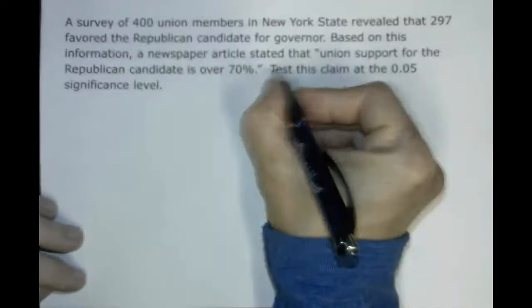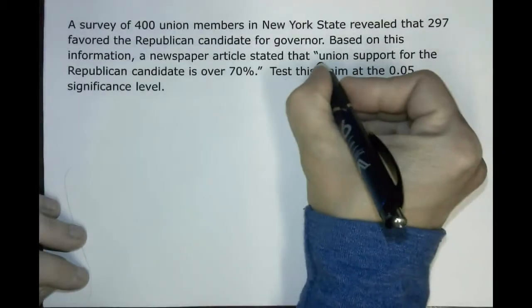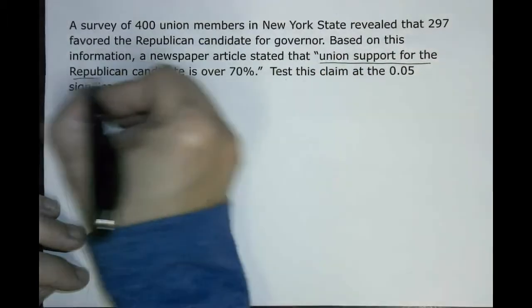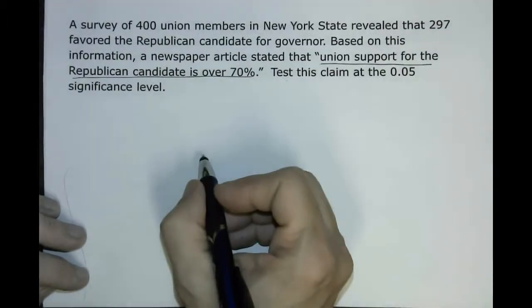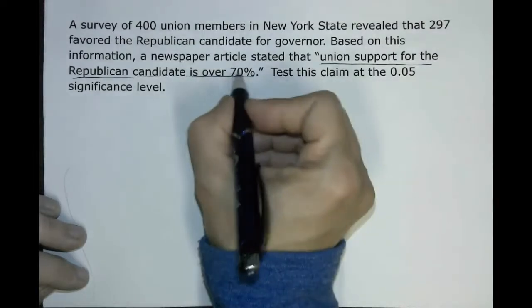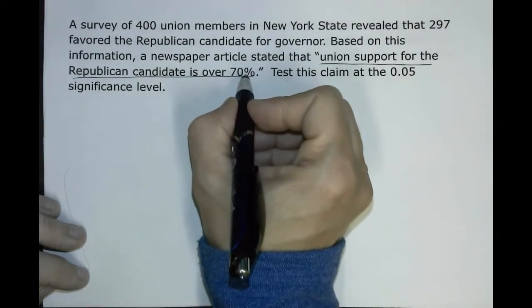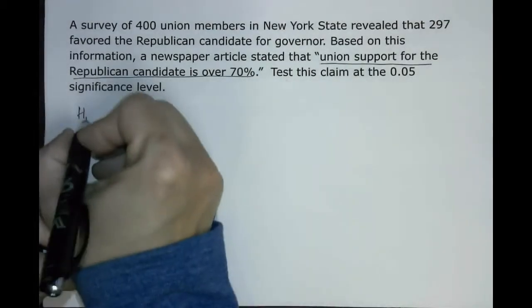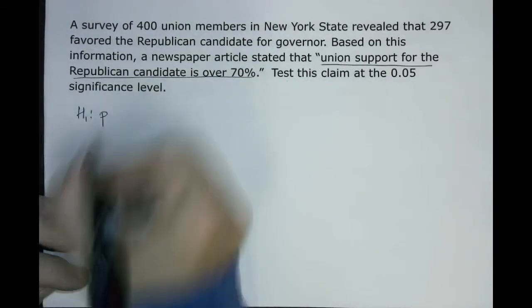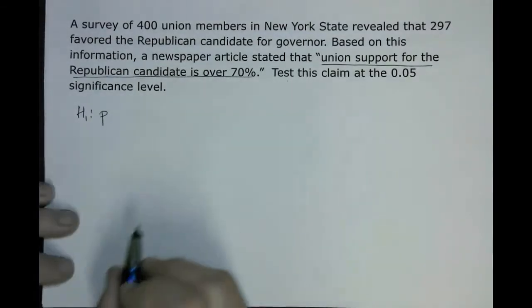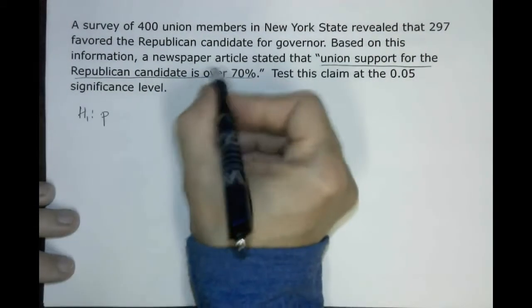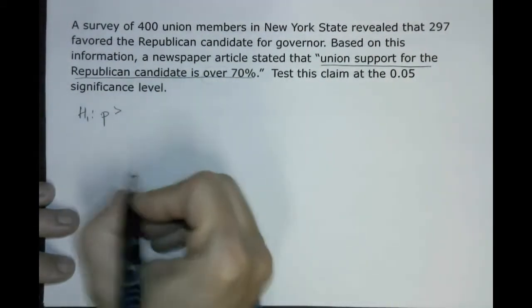So first of all, here's our claim. Union support for the Republican candidate is over 70%. Since this is talking about a percentage, that means that this has to do with a proportion. So the parameter that we're talking about is p for proportion. Then since this says over, that means greater than.